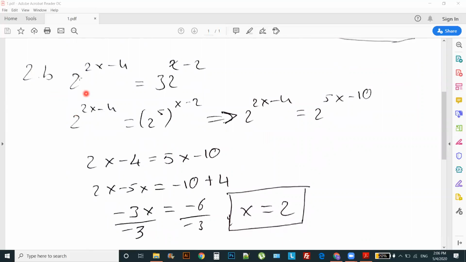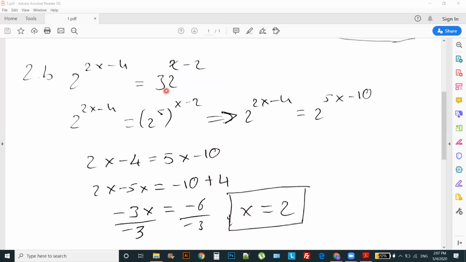2b. The question says 2 to the power of 2x minus 4 equals 32 to the power of x minus 2. All right, same thing, guys. The only thing I need to do is to make the bases the same. When I look at it now, 2, I can't simplify it anymore.